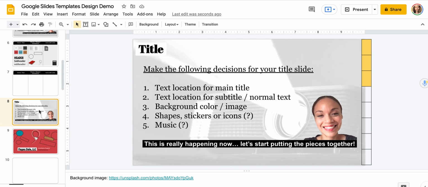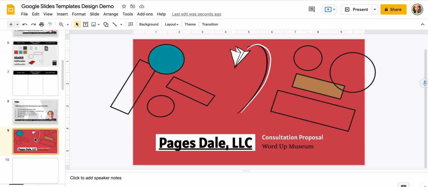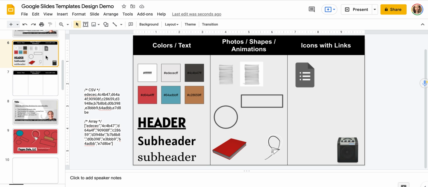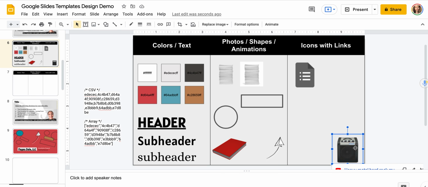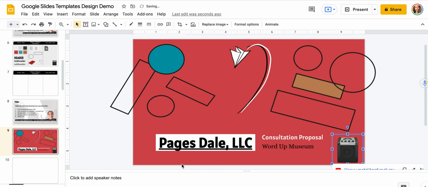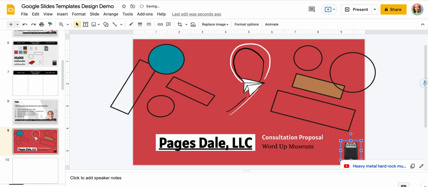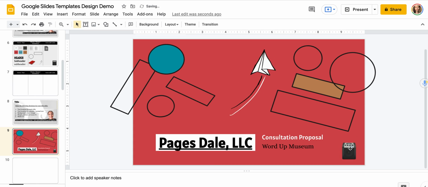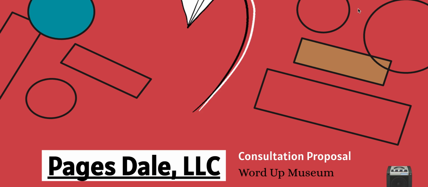I have the text, location, background color, shape, stickers, icons, and oh yeah, if I wanted to have music here, I could put the little boombox. Let's say I want to have music and I paste it, but I don't actually want to see the boombox. Some of you might not mind the boombox, it's not a problem.